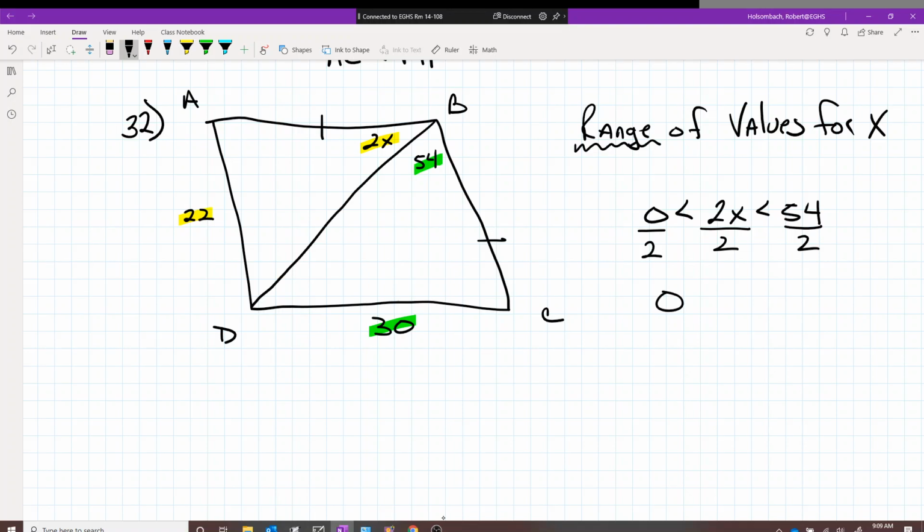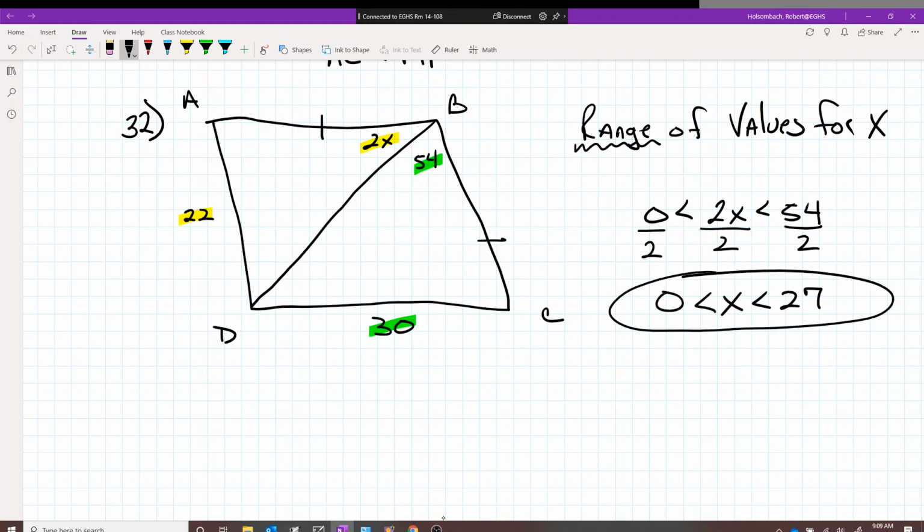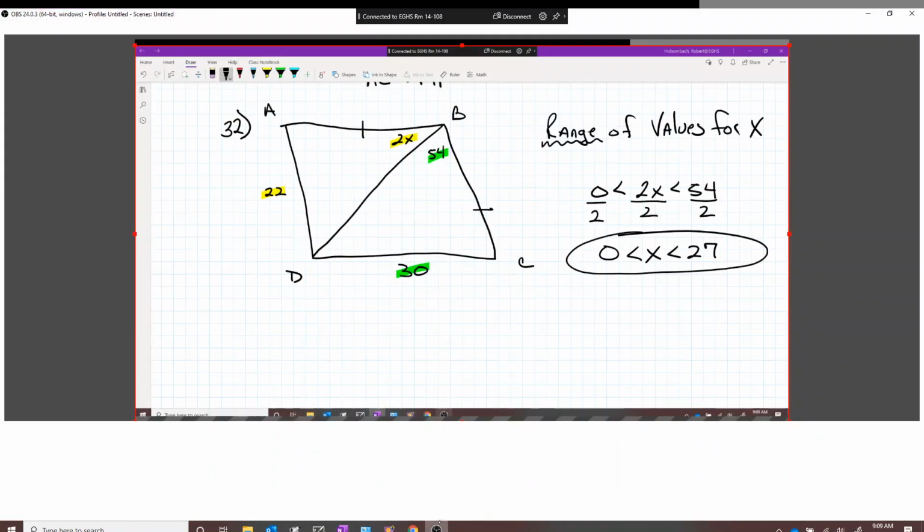So you're going to get 0 is less than x, which is less than 27. So that is your range of values for x to satisfy this problem. That's all I got for you. We will complete this study guide on Monday.